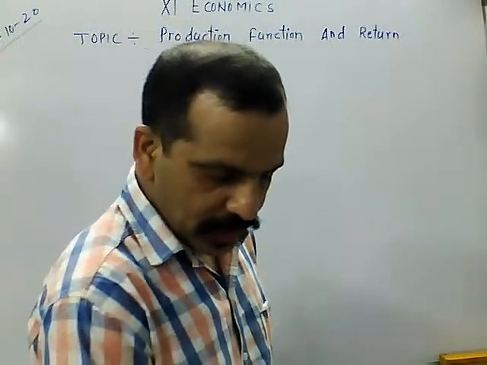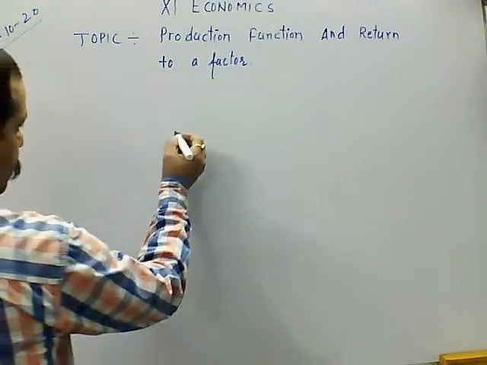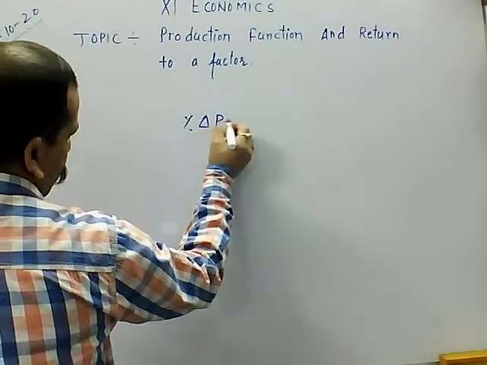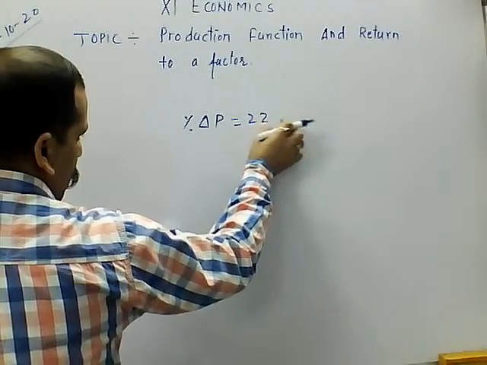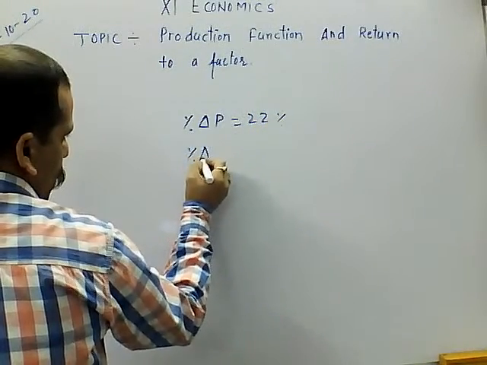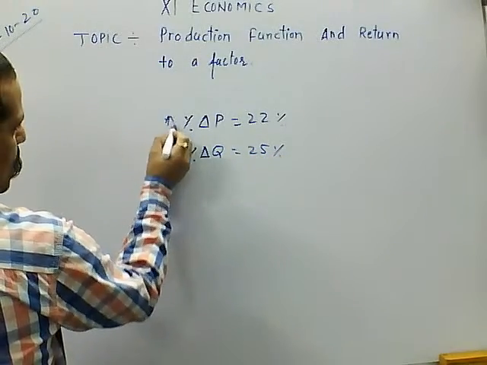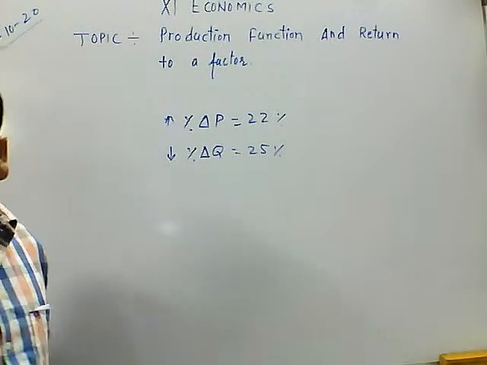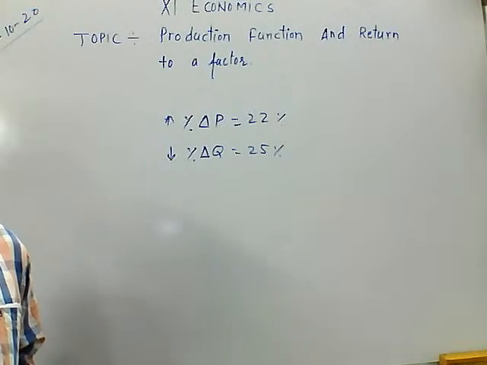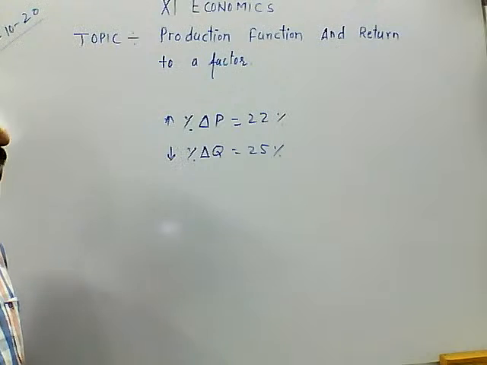Okay, see again. Percentage change in price 22%. Percentage change in quantity demanded 25%. This is increased and this is decreased. 22% increase in the price of burger and 25% fall in quantity demanded.